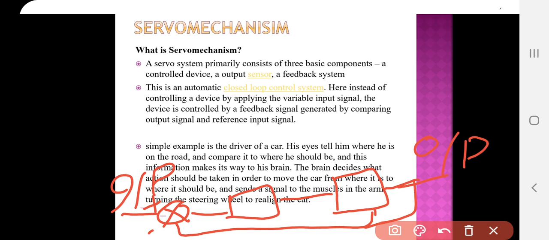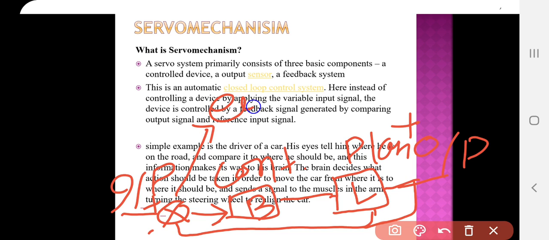Here the controller is the brain and the plant, the processor, is the leg. This is the eye of the driver, and the input signal is the desired direction.